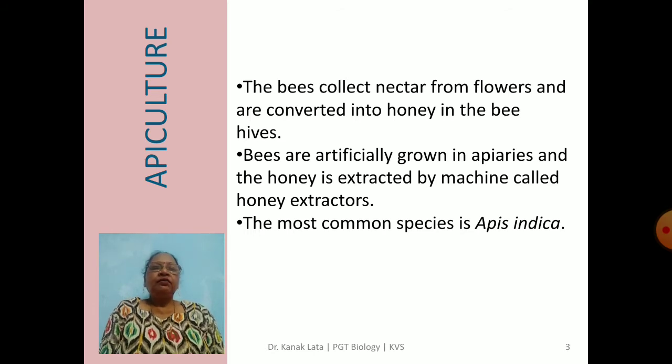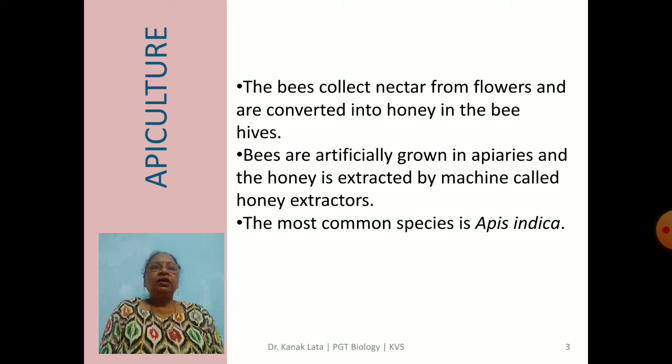Bees are artificially grown in a structure that is called as apiaries. The honey from that apiaries is extracted by a machine, and that machine is called as honey extractor.